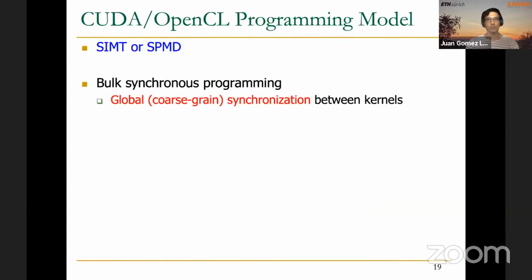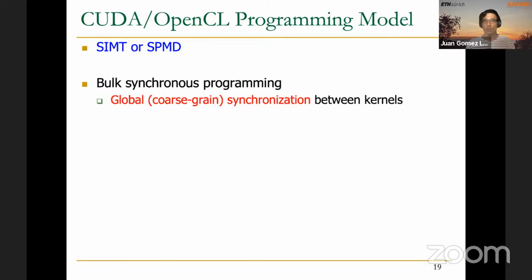Okay, let's continue with the CUDA and OpenCL programming model, with the SPMD programming model. As I mentioned in the beginning, this is bulk synchronous programming. And this essentially means that we launch hundreds or thousands of threads to compute on many different input data. And at some point, these threads have to synchronize. The way that they do is synchronizing in a coarse-grained manner.